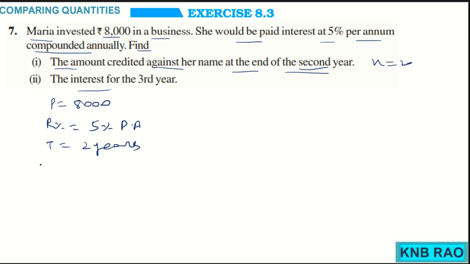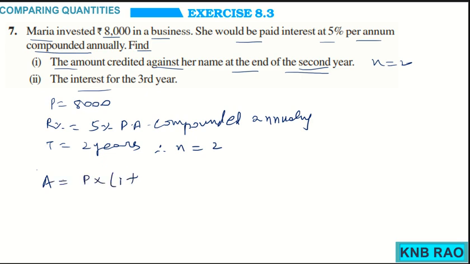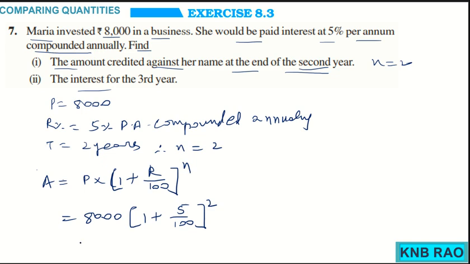Therefore, compounded annually makes n as 2. So amount equals, with the formula, 1 plus r upon 100 raised to the power n, using it, 8,000 into 1 plus 5 by 100 power 2.